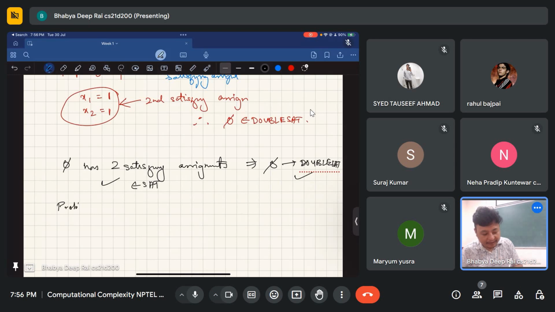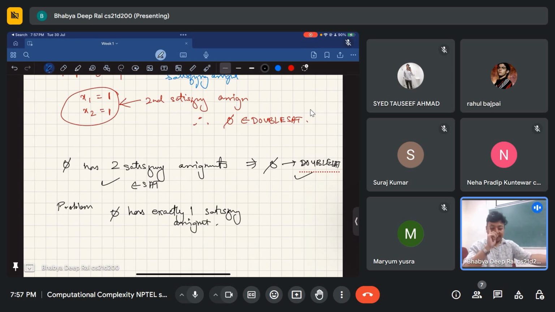The problem is when phi has exactly one satisfying assignment. Then I want to convert it to an instance of double SAT. I want to transform it into a phi prime which has at least two satisfying assignments. Okay, anyone has any idea?